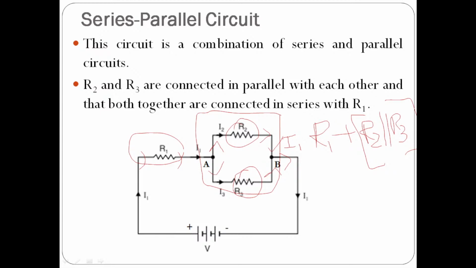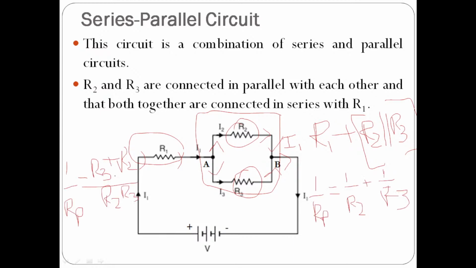So 1 by Rp is equal to, take the common denominator, R3 plus R2 divided by R2 into R3.